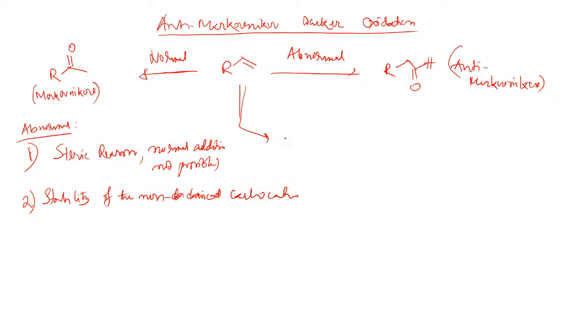This we already discussed in the class. So here this intermediate forms, and in the first case, because of the sterics, the nucleophile cannot attack. Suppose here so much steric is there, nucleophile cannot attack.